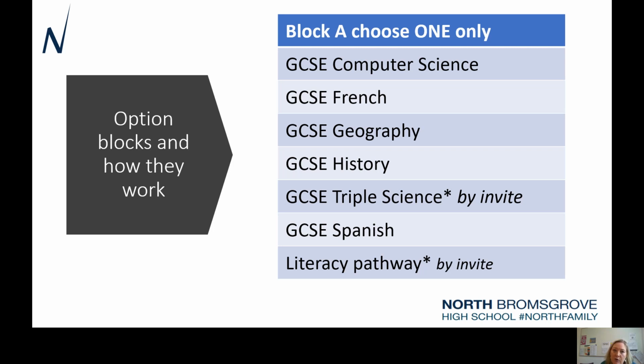So for a small group of children whose targets are below a grade 4 and therefore really need that support, because I've already said that if you don't get that grade 4, you have to resit your English and maths, there's a literacy pathway route that we're going to run.